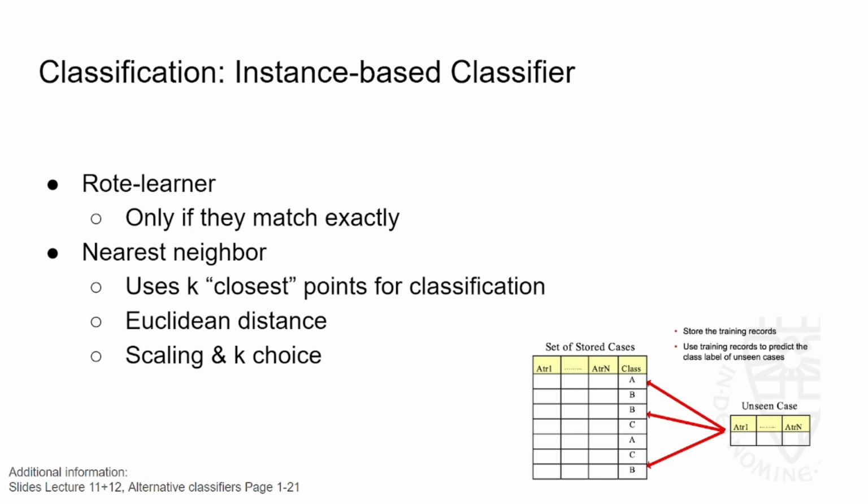Imagine the Chinese room that's given as an example in all courses. You're in that room, you have a book with all possible values your data could take, and you look into that book to see, okay, I have this value, what's the class? That's basically what instance-based classifiers attempt to do.